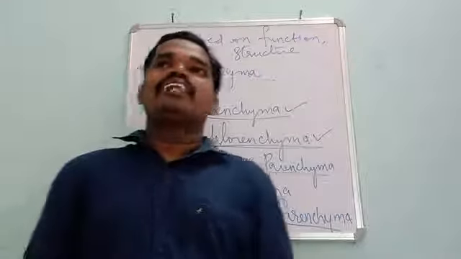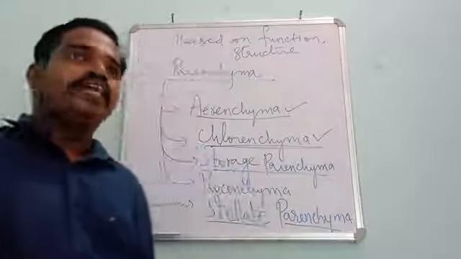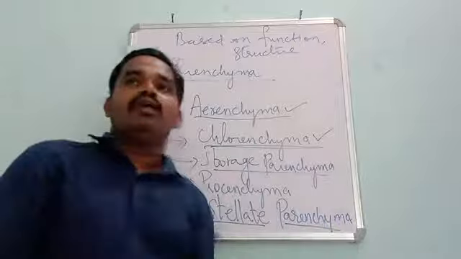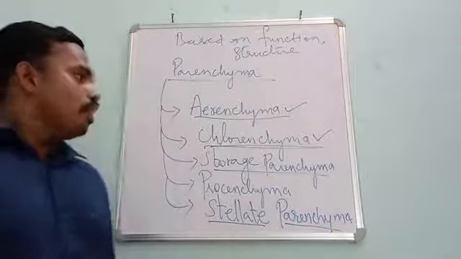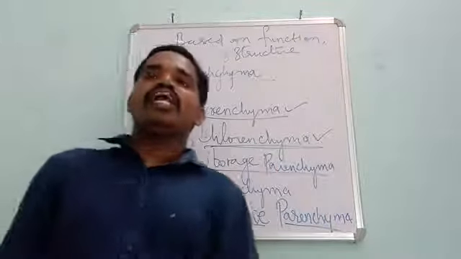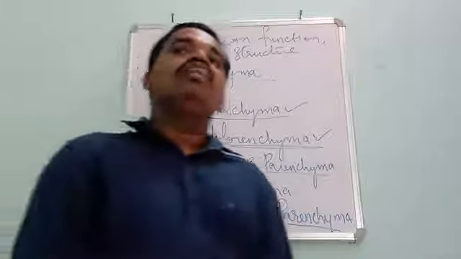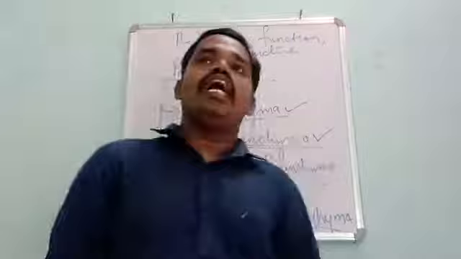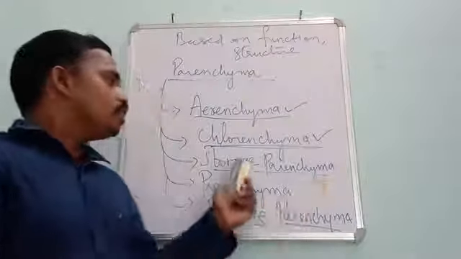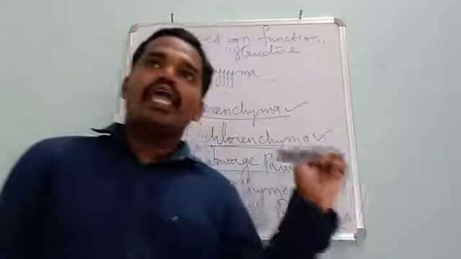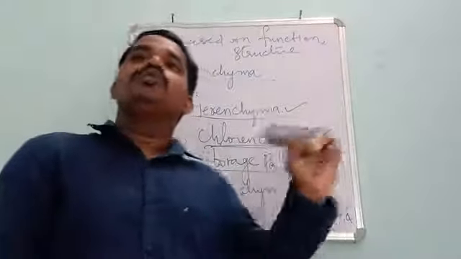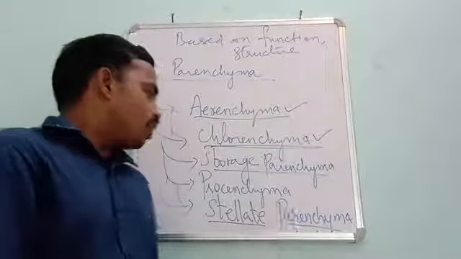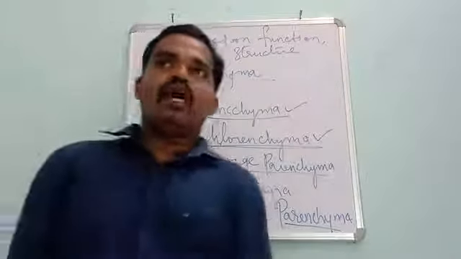Where do we identify the chlorenchyma? In the mesophyll of the leaves. The storage parenchyma will be identified in the roots and tubers of most plants. Prosenchyma: where will you identify it?